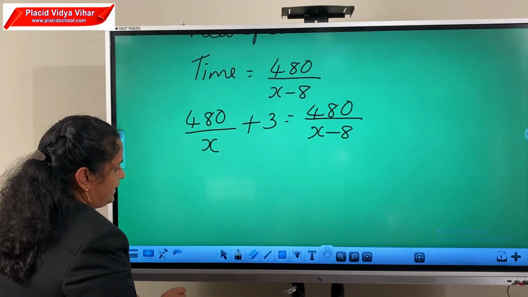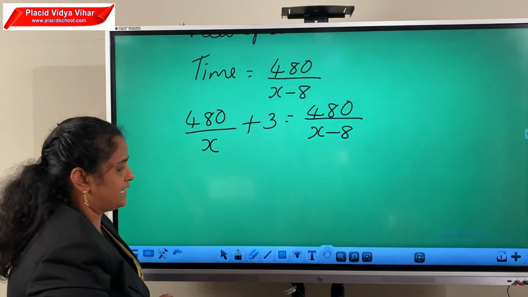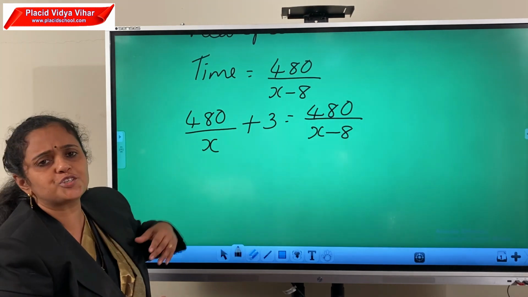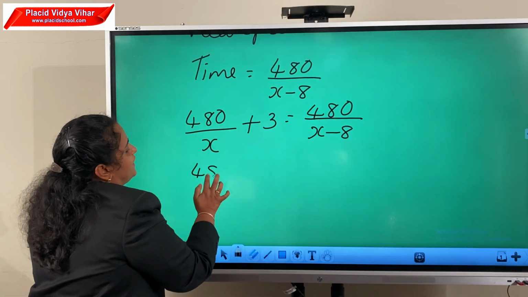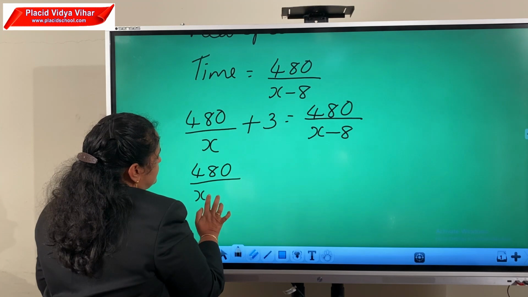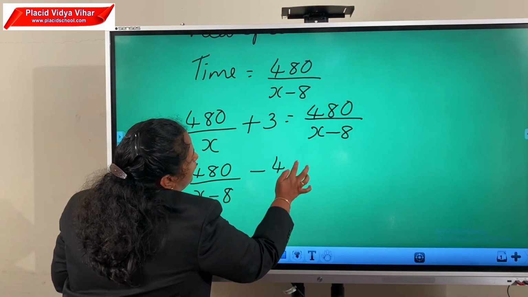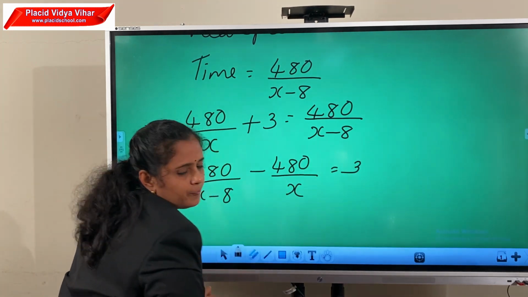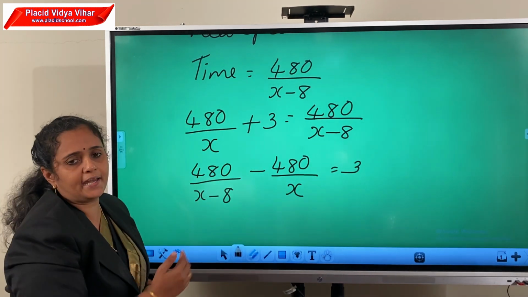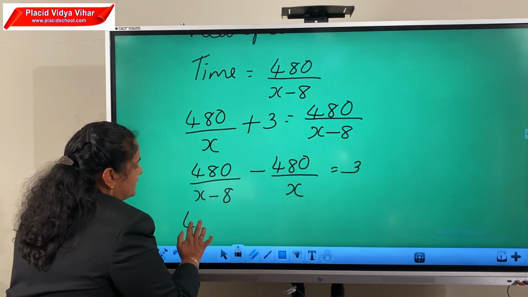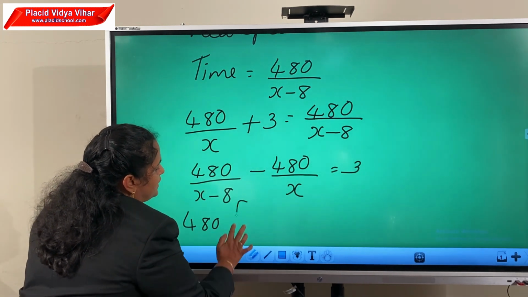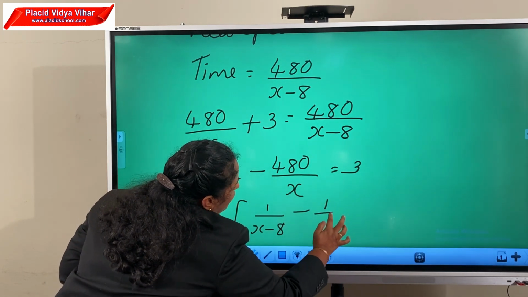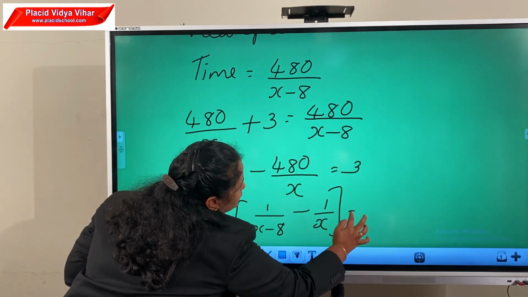Write it in the quadratic form, x square plus bx plus c equal to 0. That is, this term also you should transpose to that side. That is 480 by x minus 8 minus 480 divided by x is equal to 3. In these two terms we can take 480 common: 480 into 1 by x minus 8 minus 1 by x is equal to 3.